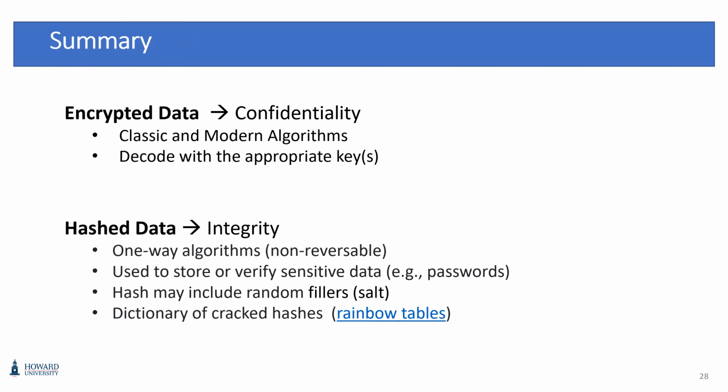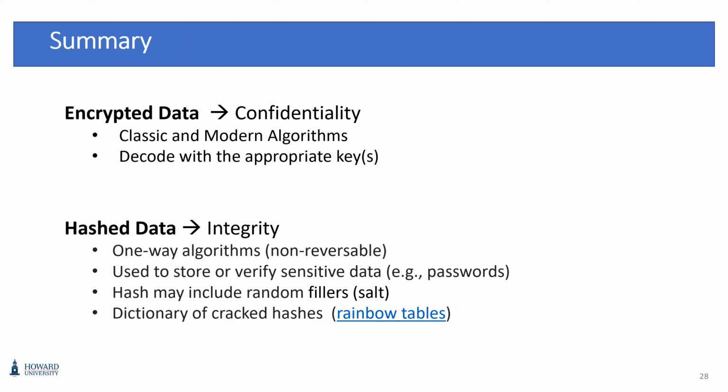And that's it. Encryption is confidentiality, hashing is for integrity. You're going to see both a lot: encrypted data and hash data.